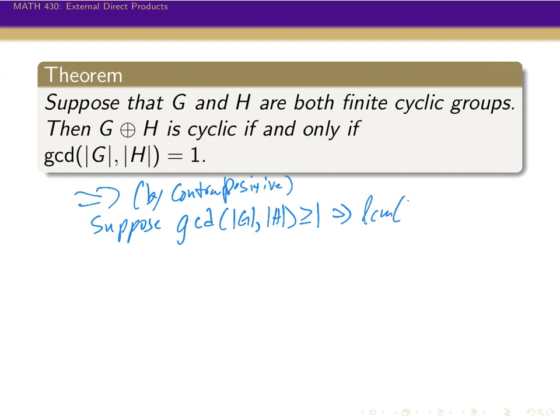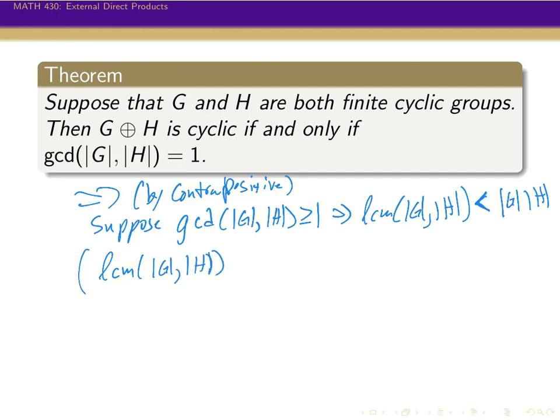the LCM, if G and H have divisors in common, then the lowest common multiple of the order of G and the order of H is going to have to be less than the order of G times the order of H. This is a fun fact from number theory: the LCM of two numbers is equal to their product divided by their greatest common divisor.